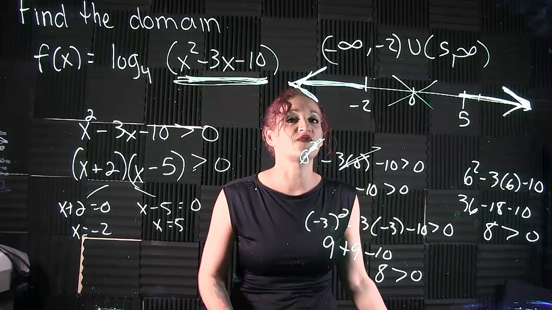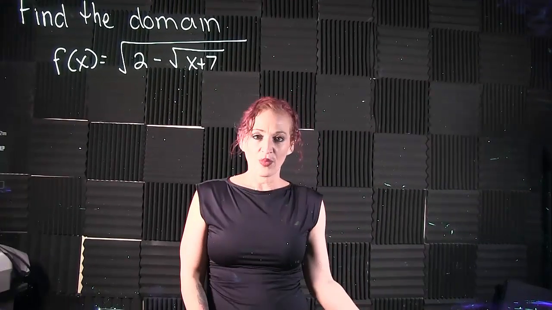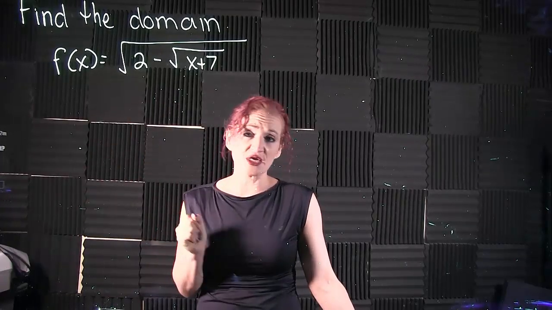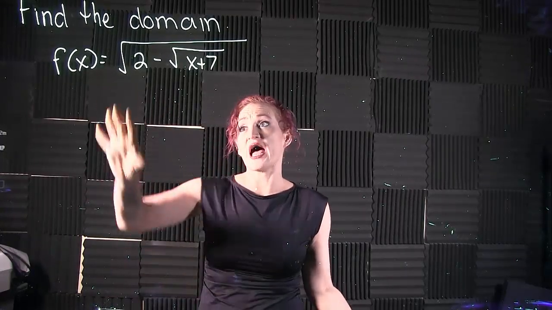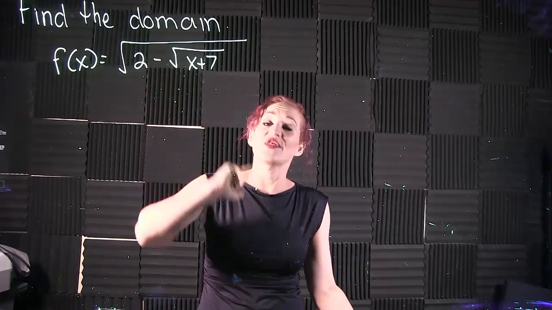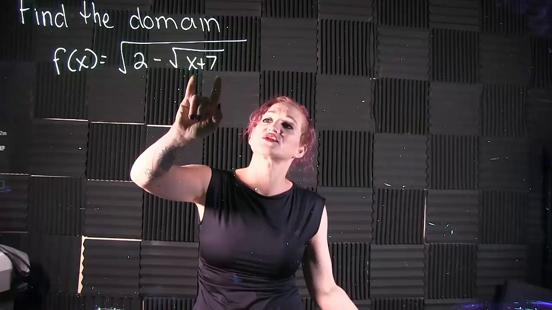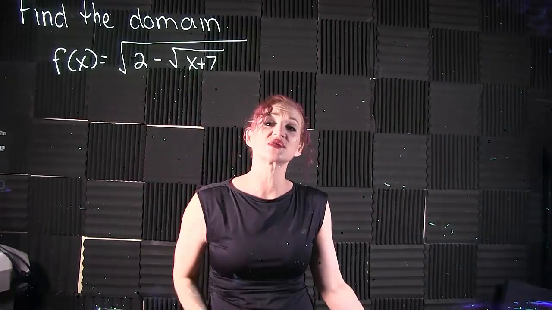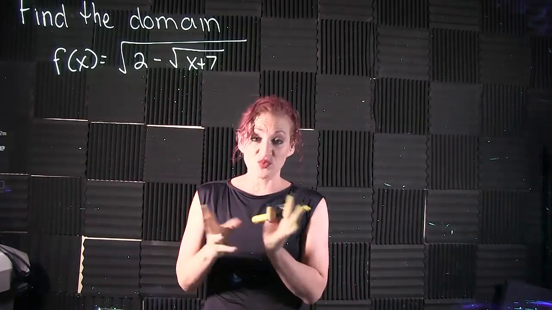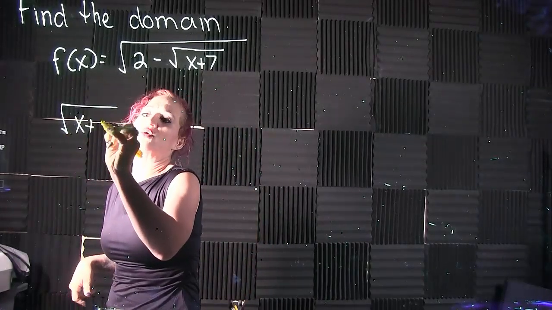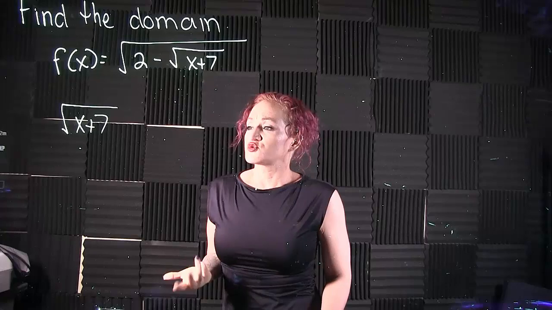And for our third example, we're going to find the domain of the following function. When I look at this function, I see that we have a radical within a radical. Rules of working with radicals say that you want to set the radicand greater than or equal to 0 and solve. Because we have two radicals, we're going to do this twice. We have the square root of x plus 7.